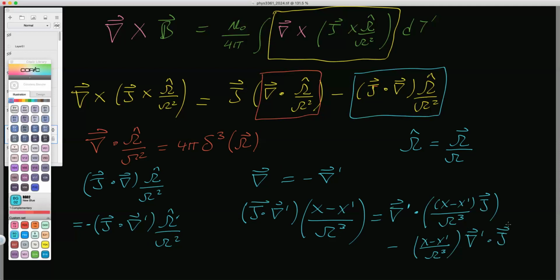Okay, now we're going to invoke steady currents. So for steady currents, del prime dot j is 0. Yeah. Okay. So that's good. So that gets rid of one of our terms.